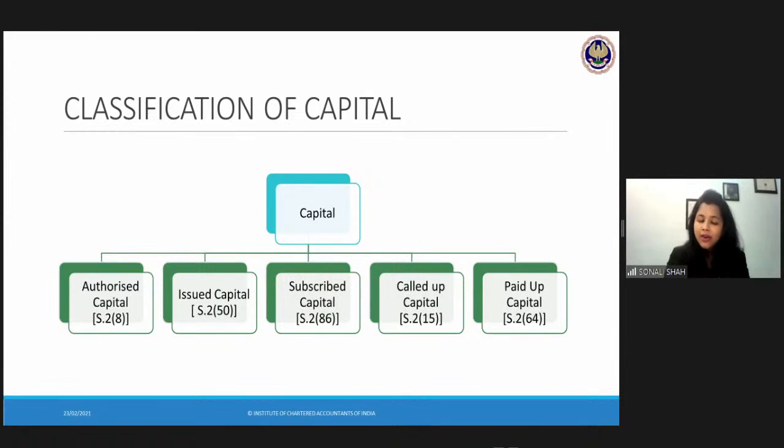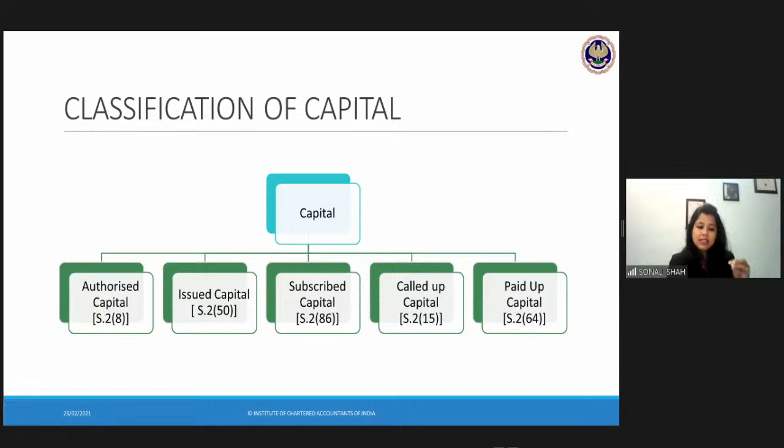So there is authorized capital, which is defined under section 2, subclause 8, right? So what is the authorized capital? Authorized capital is the maximum amount of share capital of the company, and it is the amount that is mentioned in the memorandum of the company. So that is the maximum amount.